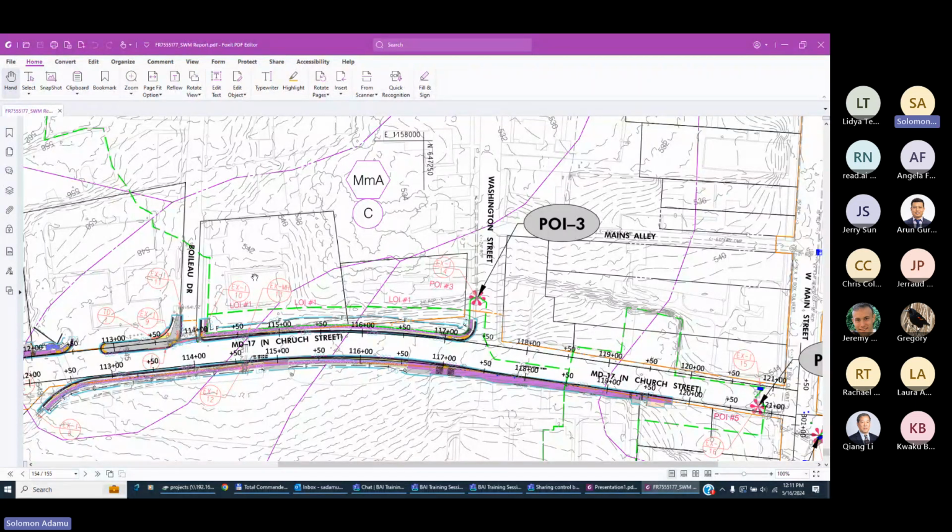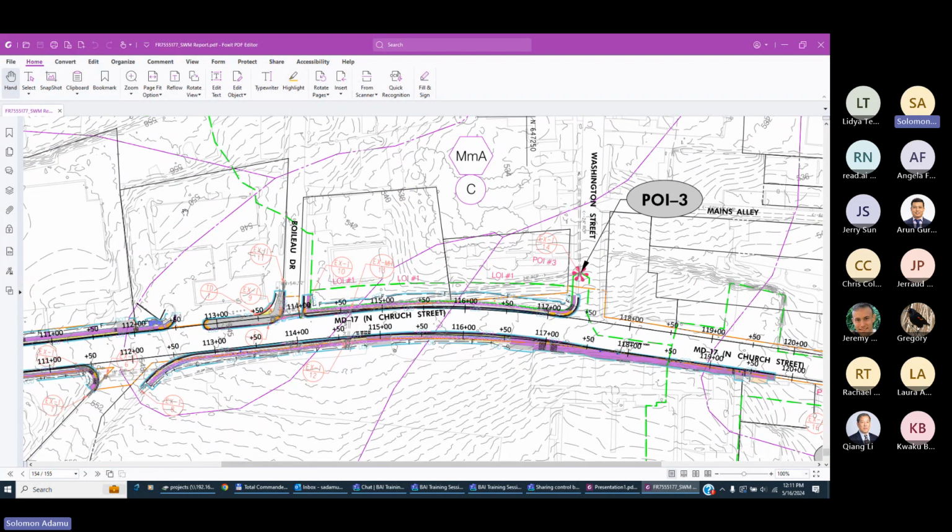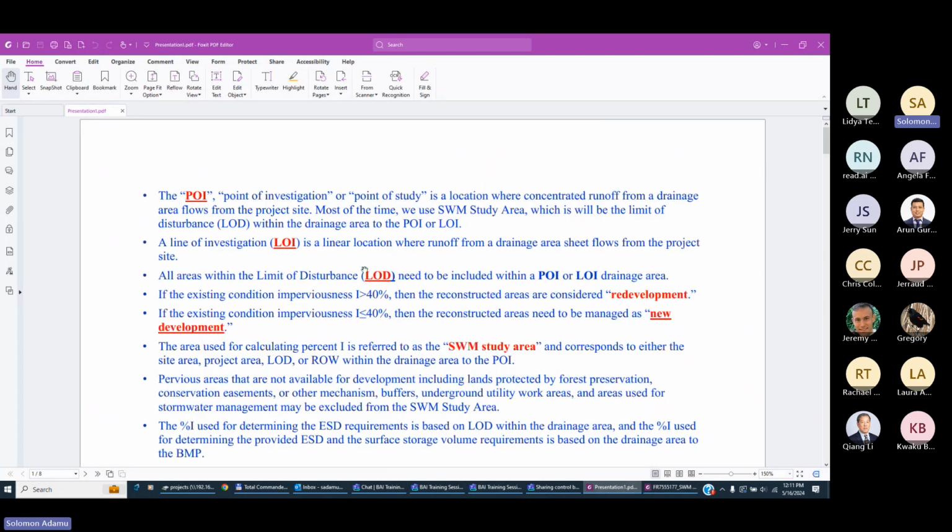the LOD and the associated drainage area to that LOD, we're going to determine the project requirement. For that, we're going to use the so-called stormwater management study area.